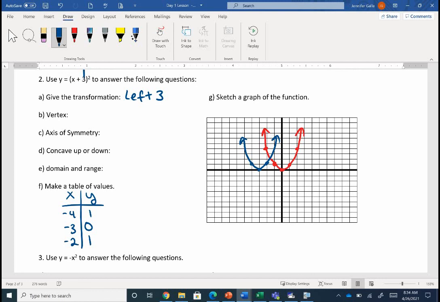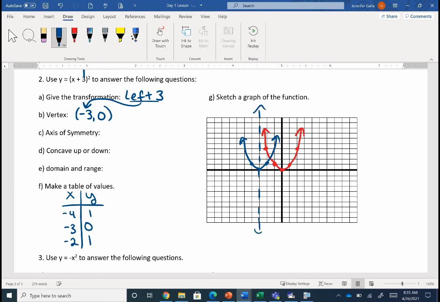So since we moved to the left 3, we found the vertex at -3, 0. Again, start noticing some of those patterns. Left 3, look what it did to my vertex. Left 3, that's -3 for the x. Axis of symmetry, remember guys, that splits our graph in half. This one we can actually draw in, it's not on the y-axis.